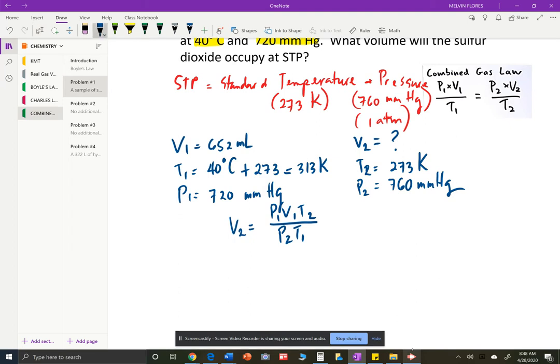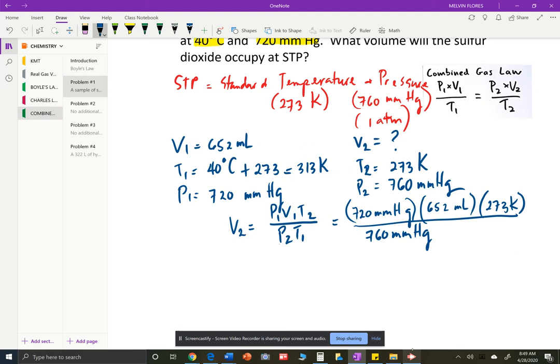So that's 720 millimeters of mercury, that's our P1, and then multiply by V1, which is 652 ml, times T2, which is 273 K, and then divided by P2, which is 760 millimeters of mercury, times your T1, which is 313 K.